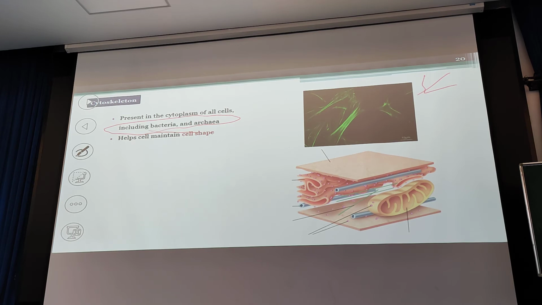They contain some proteins that are similar to the proteins that compose the cytoskeleton in eukaryotic cells. The function of the cytoskeleton is to maintain the cell shape and the movement of vesicles and organelles within the cells. And they are made of proteins.